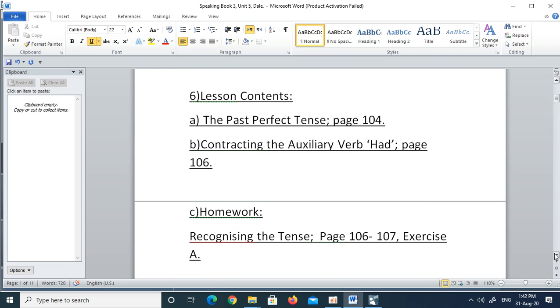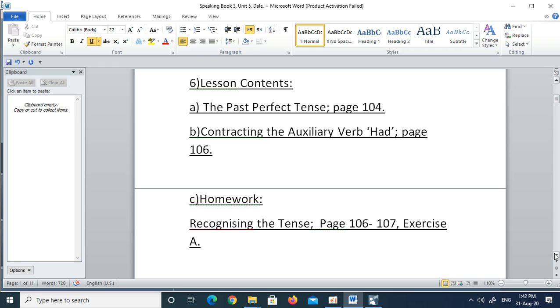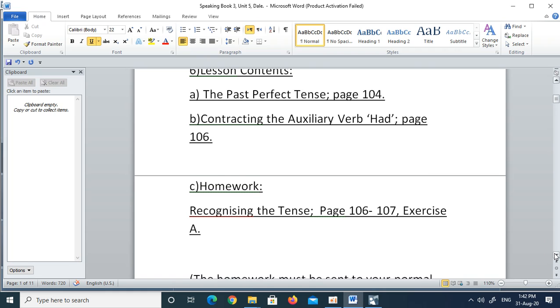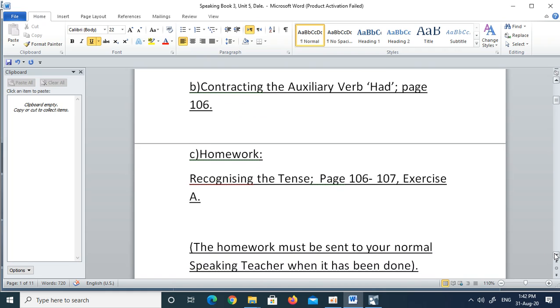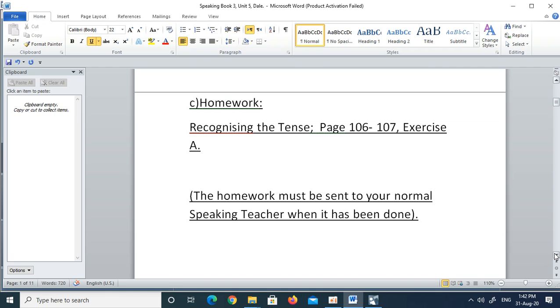The lesson contents today are the past perfect tense on page 104 and contracting the auxiliary verb had on page 106.